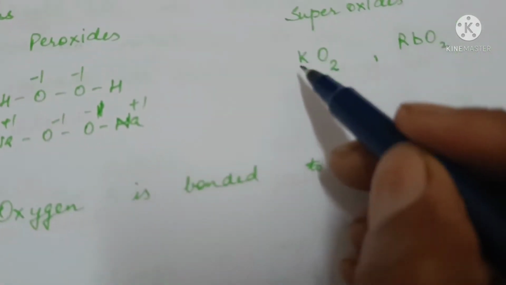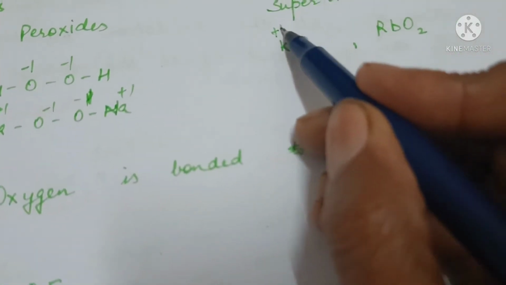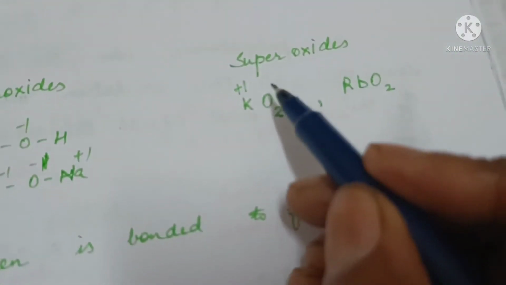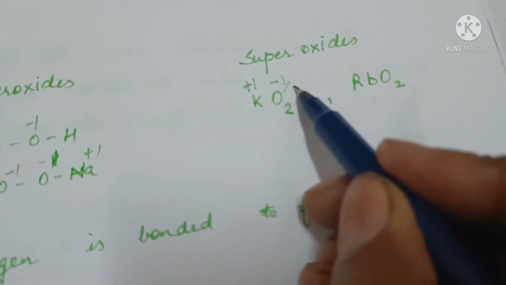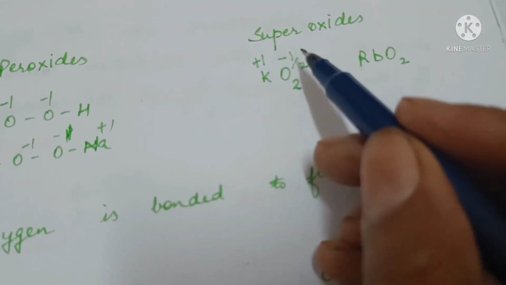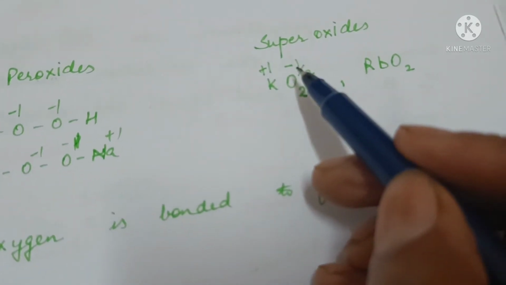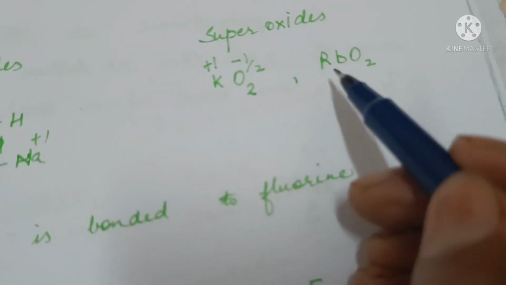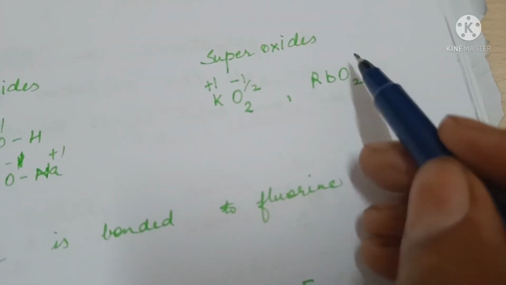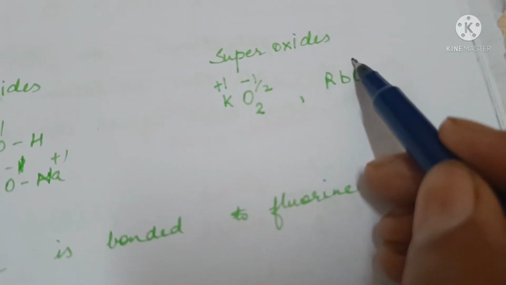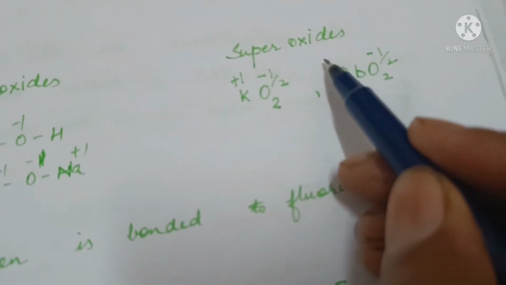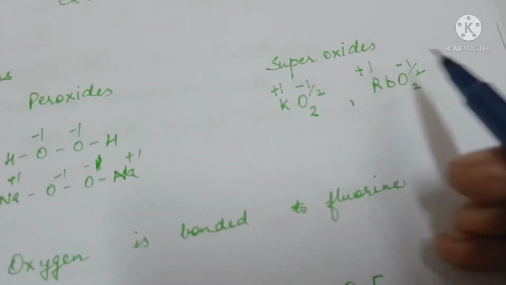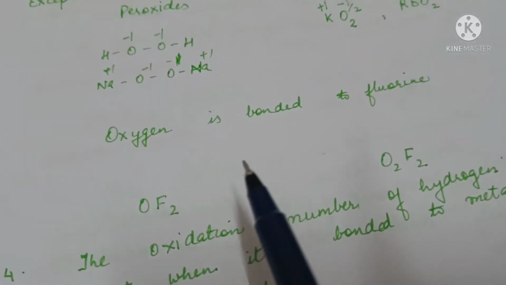In superoxides also, because the metal is +1 always, the oxygen will be -1/2. 2 into 1/2 is 1, so +1 and -1. Similarly, in rubidium superoxide RbO2, the oxidation number will be -1/2.